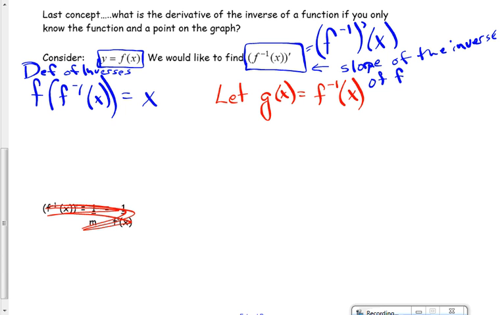Okay? Good so far. All right. So our goal, as of right now, is to find g prime of x. Right? Because g prime is the derivative of the inverse, which is what we're trying to get.